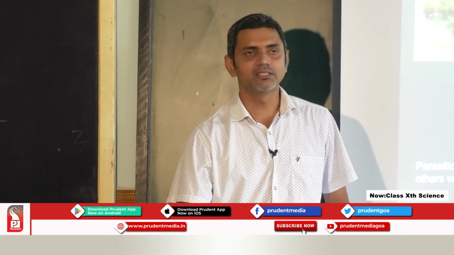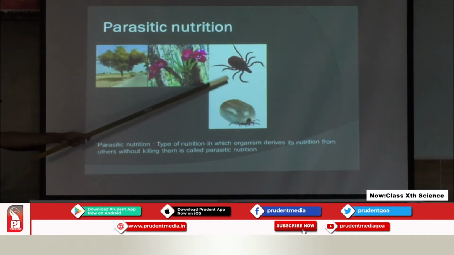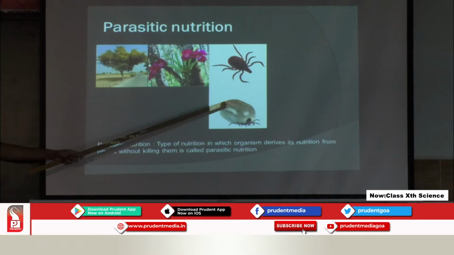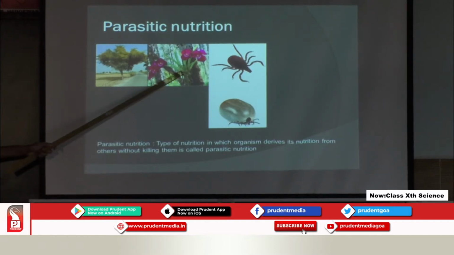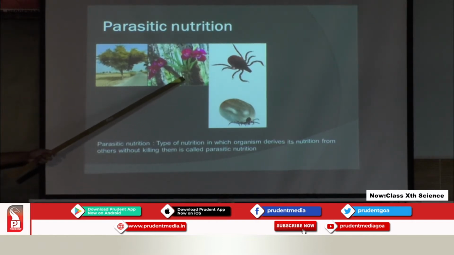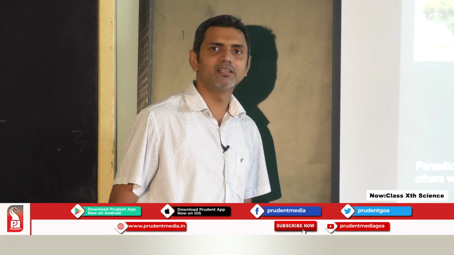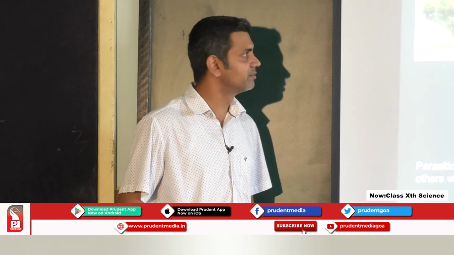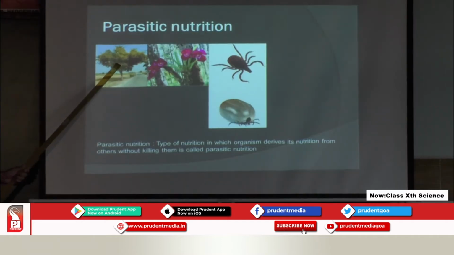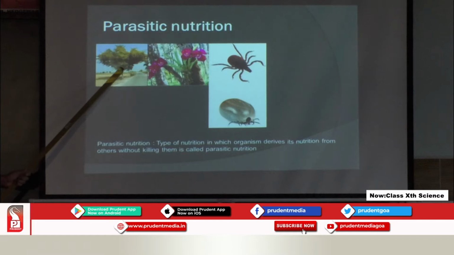then ticks, which are found on dogs and all, and orchid which grows on other plants. There are many orchids and they bear beautiful flowers. Bile, which is found on other plants.